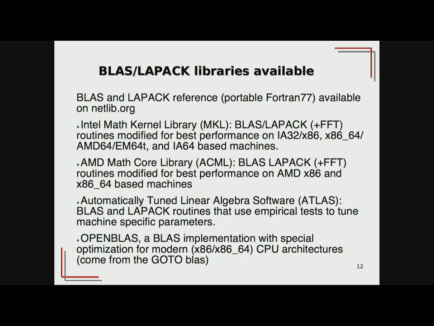The idea behind it is that it compiles the library, then it compiles some kernels, and then it tests the kernels on the architecture that you are on, and tunes the kernel, for instance for matrix multiplication.